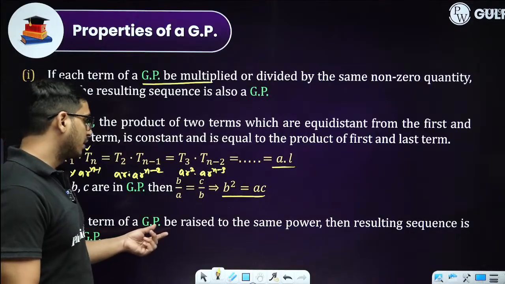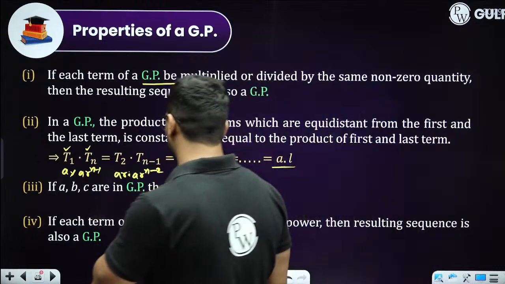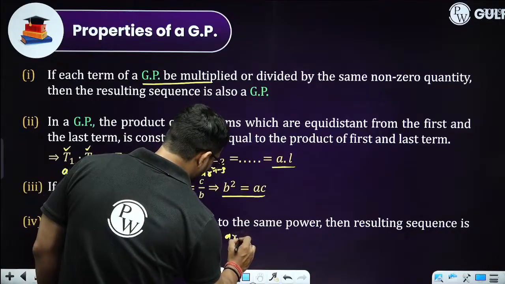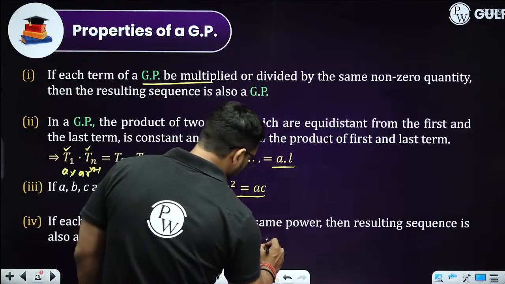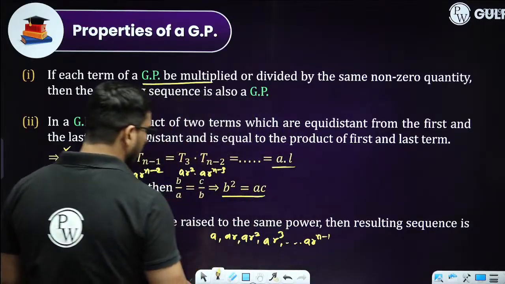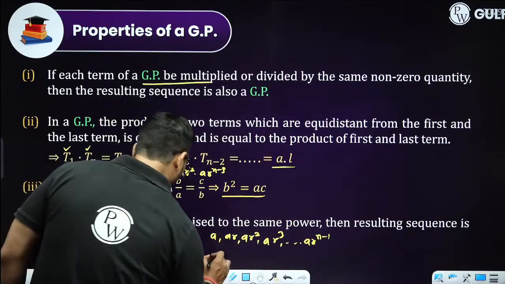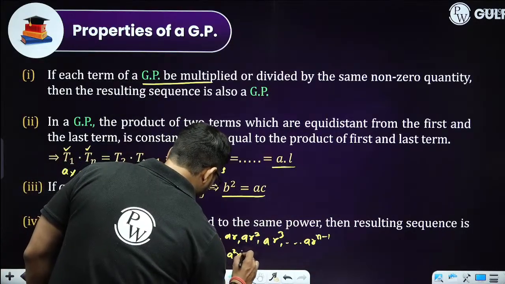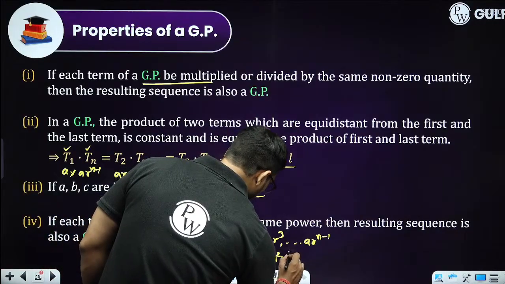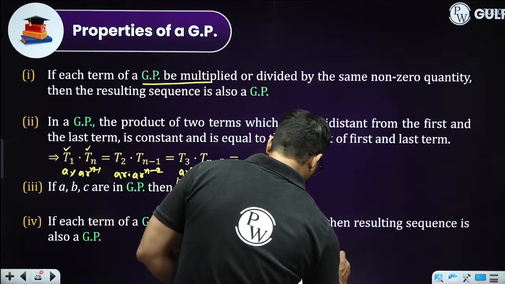If each term of a GP is raised to the same power, then the resulting sequence is also in GP. What do you mean by that? Suppose we have A, AR, AR square, AR cube and so on, AR to the power n minus 1. This is GP. Now I want to square all the numbers. So it should be A square, A square R square, A square R to the power 4, A square R to the power 6 and so on, A square R to the power 2n minus 2.